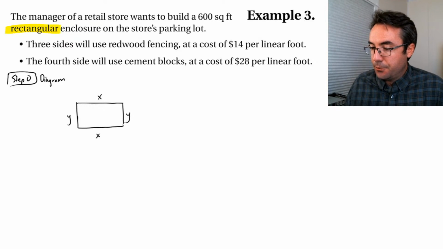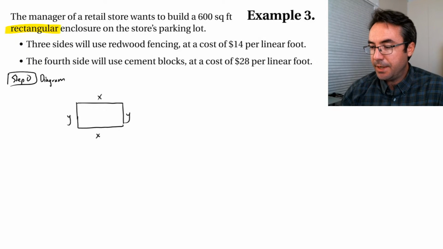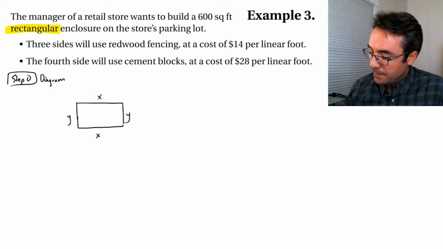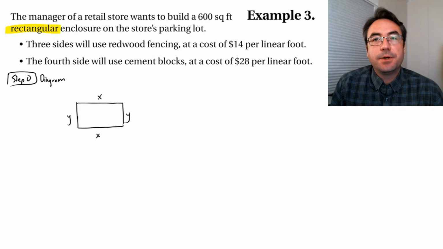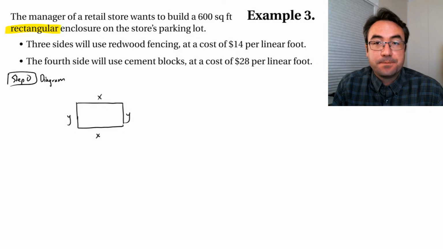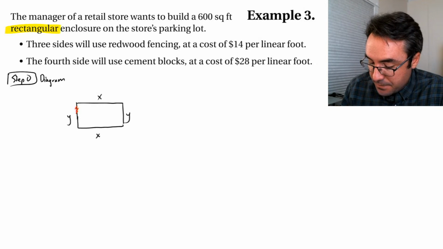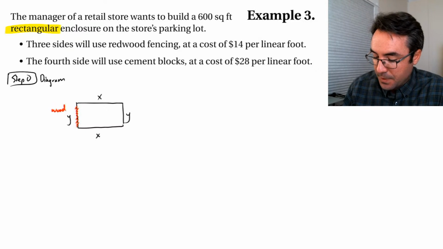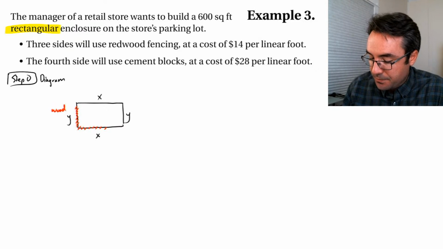Well, 3 sides are going to use redwood fencing. So let's say this side is going to use the wood fencing. This side is going to use the wood fencing.